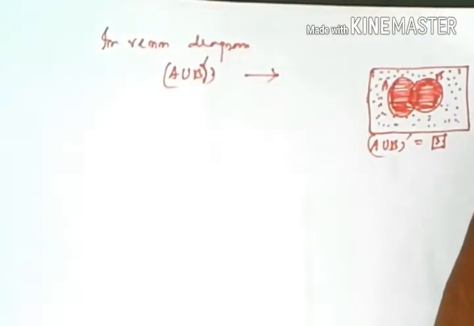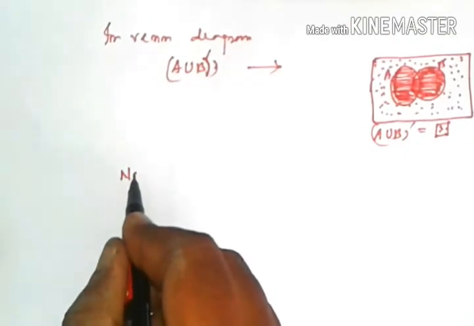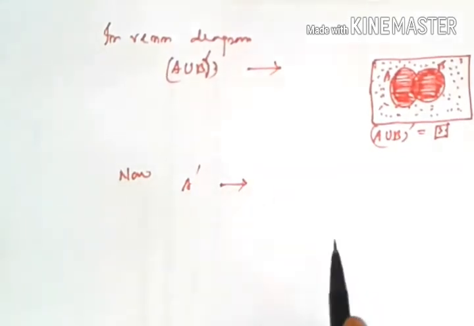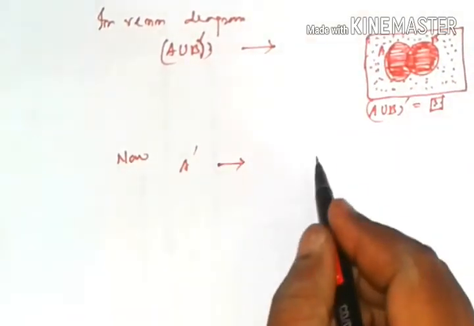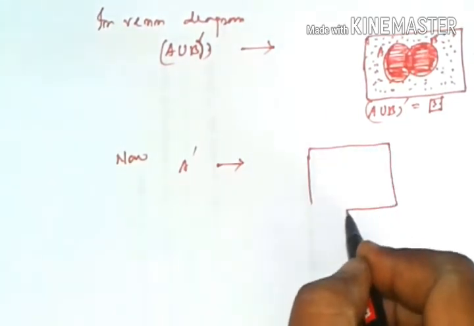And this diagram is written as 1. Now A dash means, in this case also we draw another diagram.